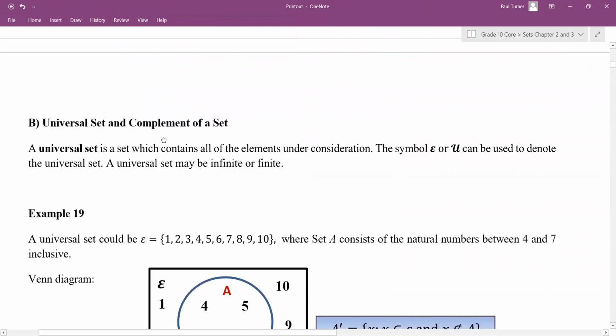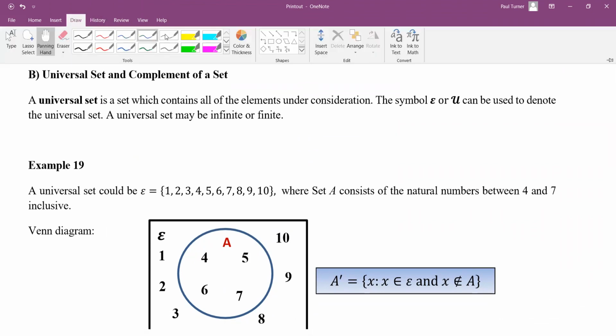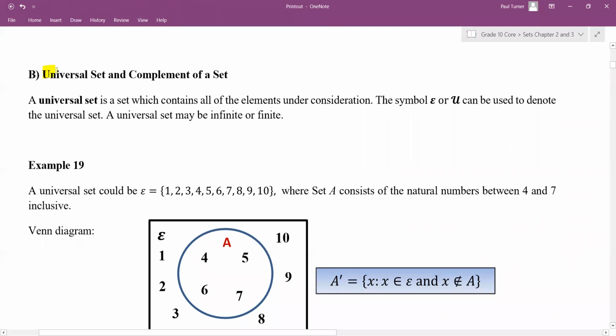Okay, so these are some concepts, and I'm going to go fairly quickly because there's not many questions in this section. Okay, so we've got universal set and complement of a set. Now, the universal set is a set which contains all of the elements under consideration, everything you are interested in. So that could be all of the students in grade 10. That would be a universe. Or it could be all the students in the high school, like that.